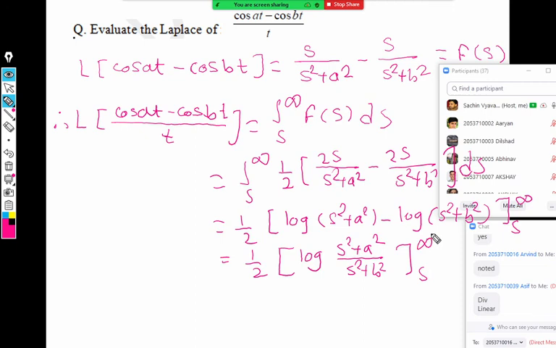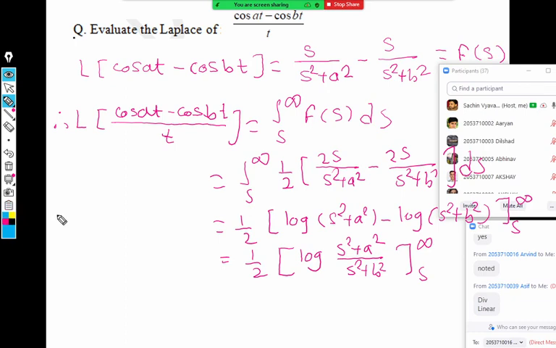Now here we want the value of s square plus a square upon s square plus b square as s tends to infinity. What is the value of this inner part when s is infinity? I will do the rough work here. In the exam, you would write the value directly.